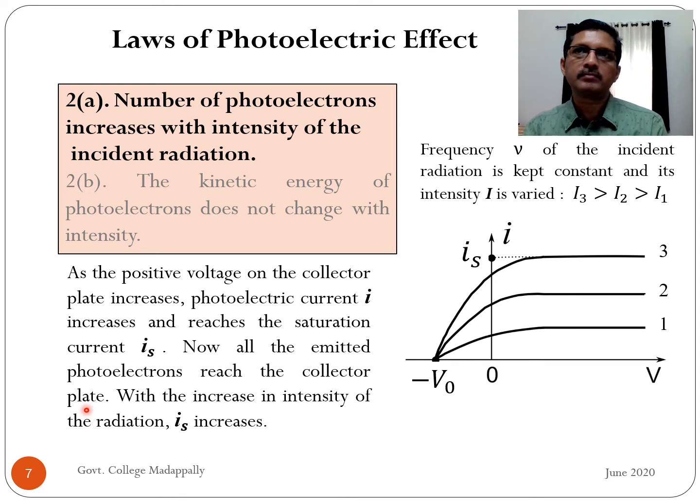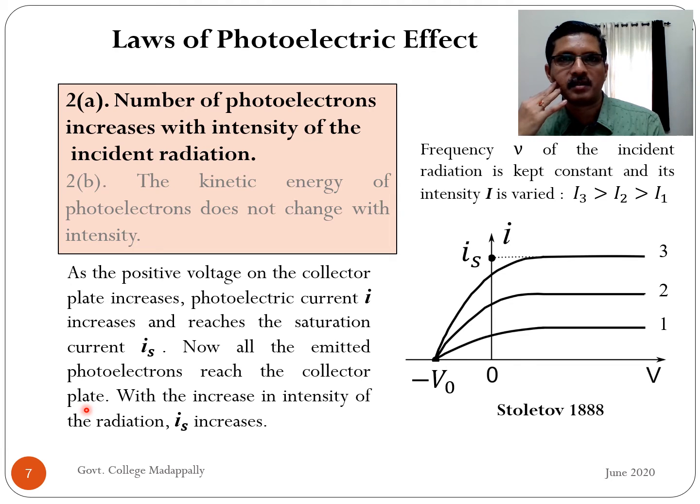Let us say when electromagnetic radiation is incident, in 1 second some 100 electrons are emitted. So when the voltage applied at the collector is zero, let us say some 60 electrons reach the collector plate. Even with zero voltage, they have enough kinetic energy, so it produces some collector current, some photoelectric current.